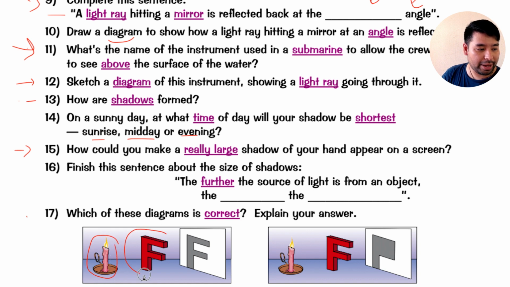We have this letter F, and they are at the same distance, so the topic here is not about the distance. And then there is this shadow projected on the wall. One is okay, one is not okay. So is it A or B, the okay one? And which is not okay, A or B? And then of course, when you get that, you have to explain why. Why is that okay or why is that not okay?